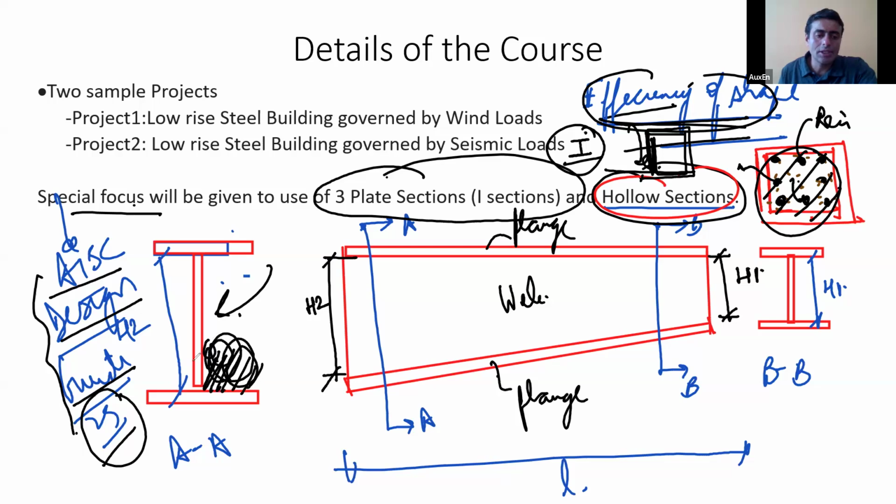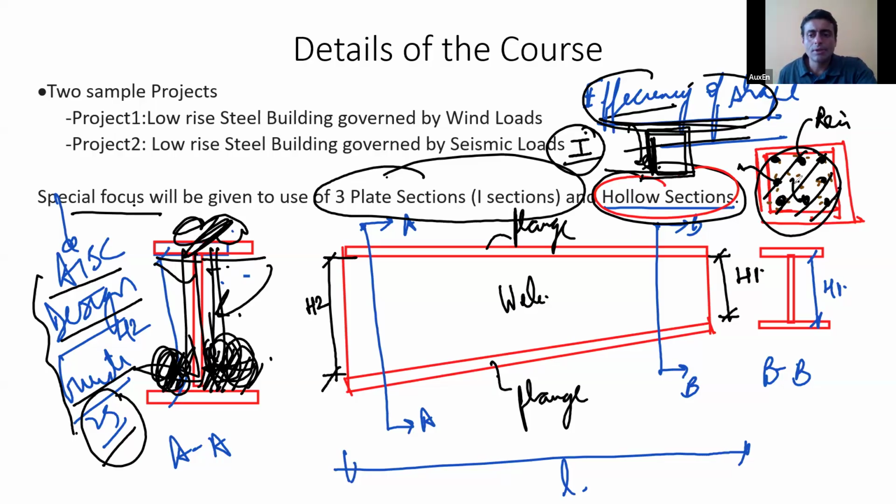For example, if I'm using this I section as a beam, dust may get deposited, and there are a lot of open surfaces where there will be a problem with rusting, etc. Paint may peel off, so you will see peeled off surfaces over here. So a lot of aesthetic issues also, and therefore hollow sections may be preferred because of their aesthetic appeal.